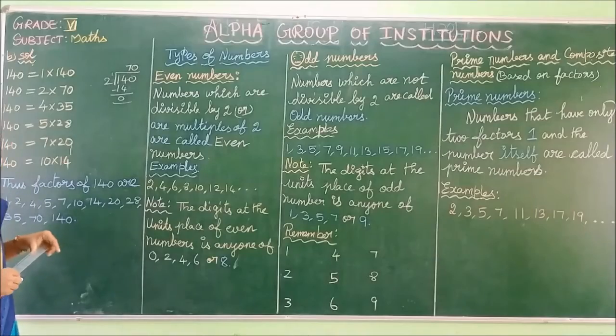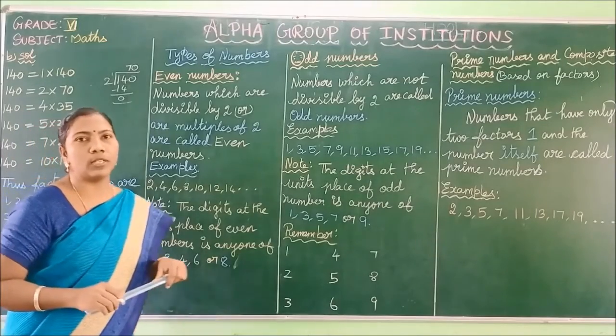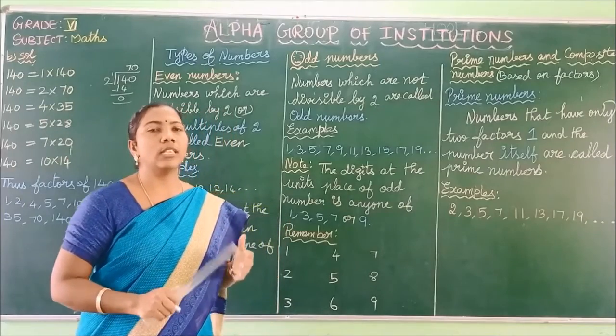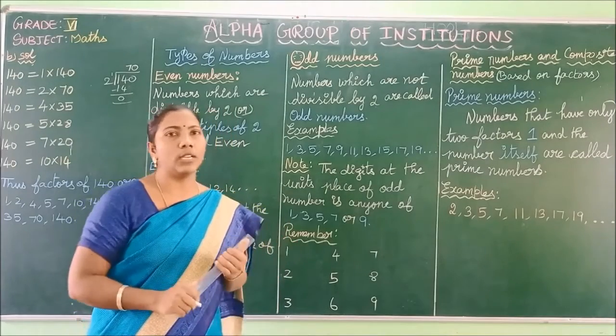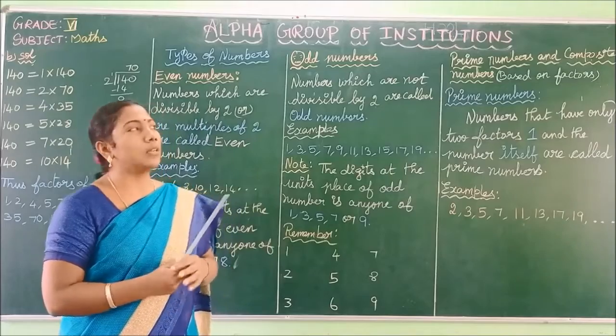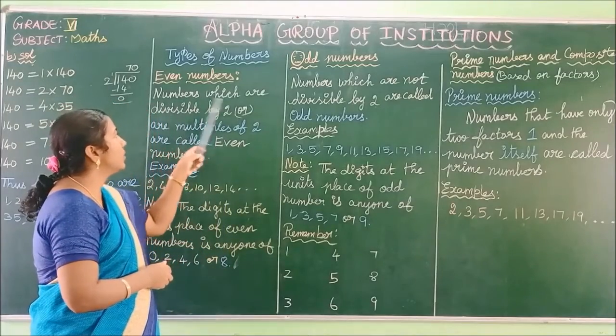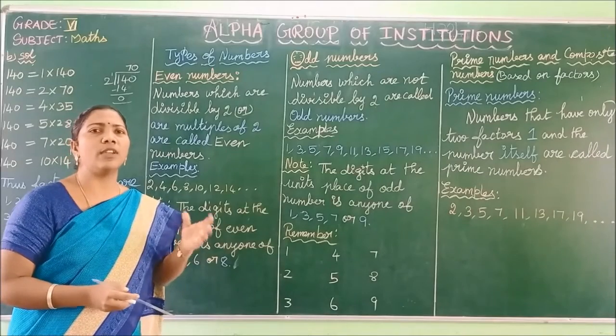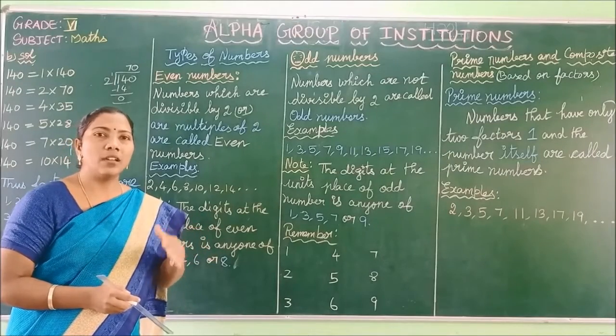Okay. Next we are going to see some types of numbers. Many types of numbers we are going to see. First of all, we are going to see even and odd numbers. What are called even numbers? See here. Numbers which are divisible by 2 are called even numbers. We can define even numbers based on many concepts.